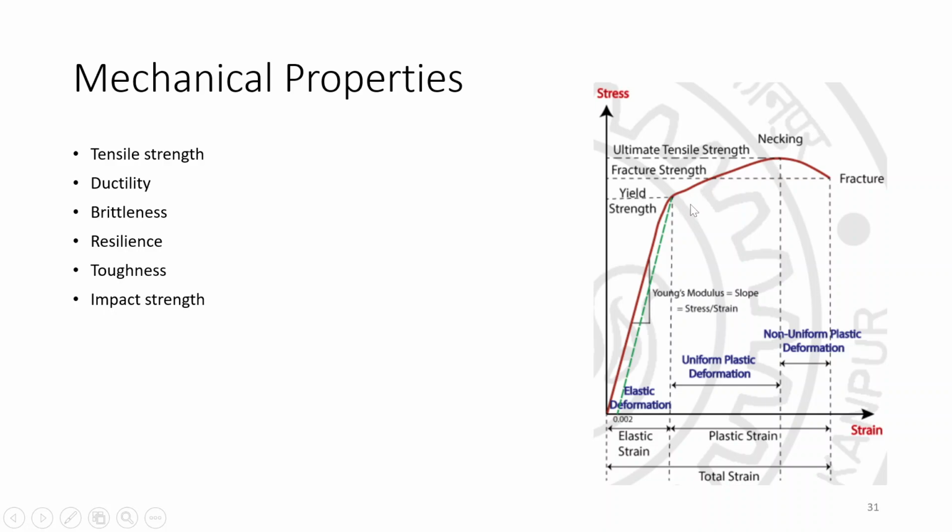Then you have uniform plastic deformation after the yield point. Yield strength is the stress corresponding to this yield point, and after that you have this uniform plastic deformation, which reaches UTS, the ultimate tensile strength, the maximum strength, after which necking will start. Your cross section will start to get very small at this point. At a particular point necking will start, then non-uniform plastic deformation will start, and then finally fracture will take place.